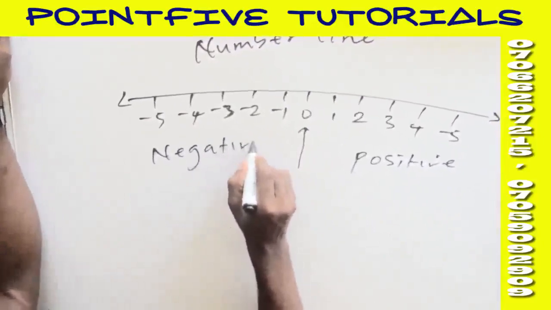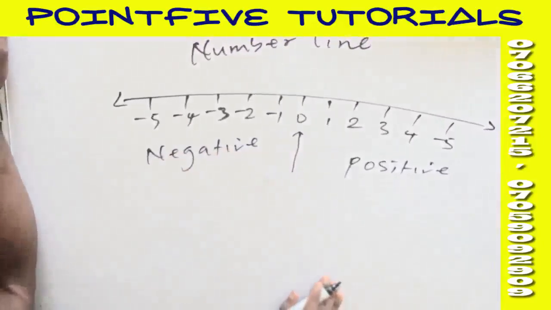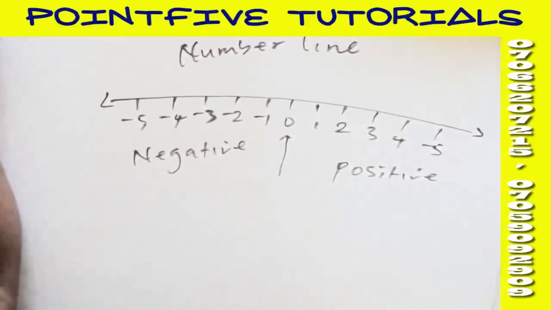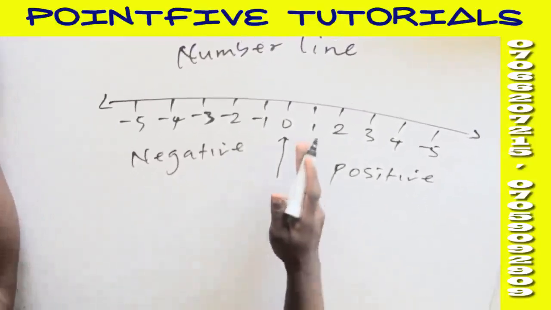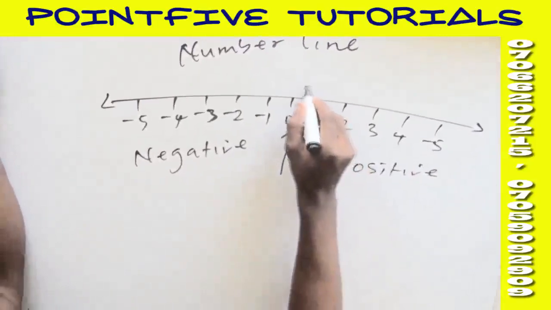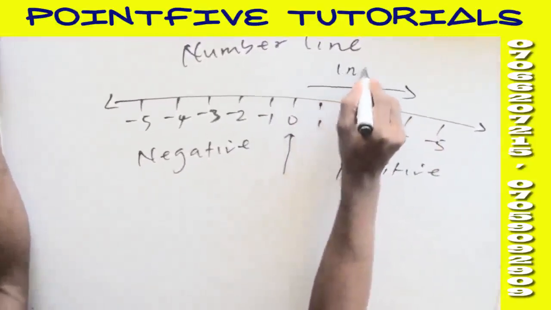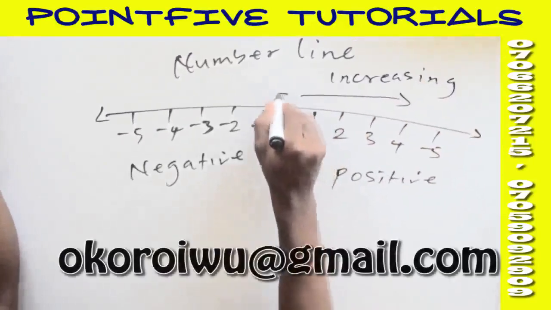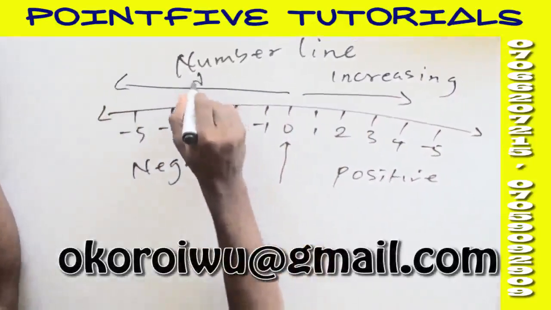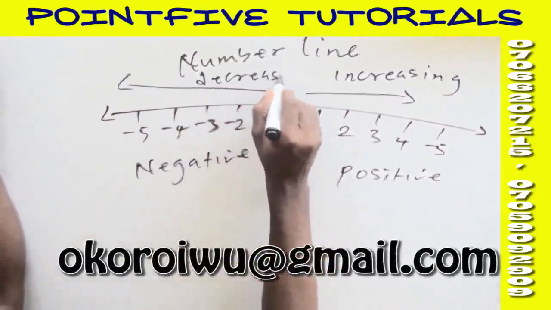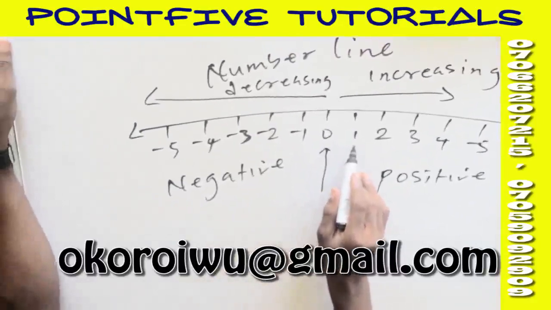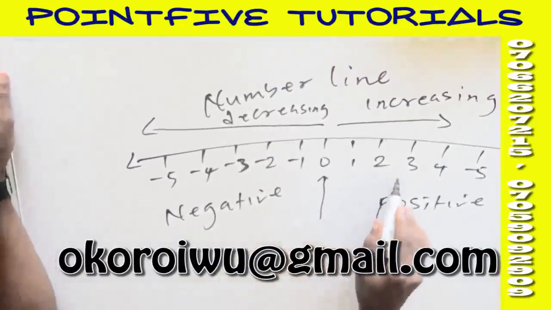You know that negative numbers are the numbers that have a minus sign at the front. If you are going this way, the numbers are increasing. From 0, if you are moving the other way, it is decreasing. 0 is less than what? 1. 1 is less than 2. 2 is less than 3.